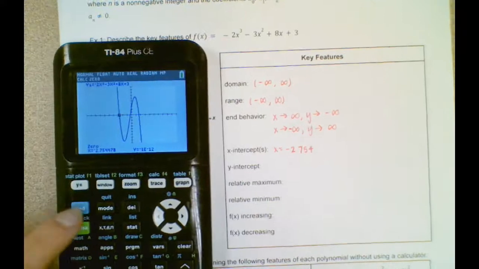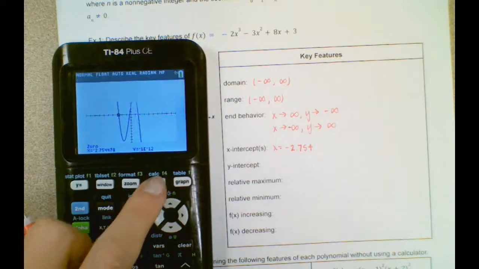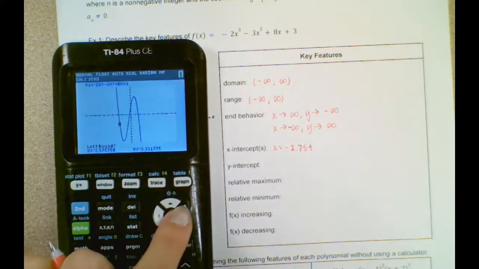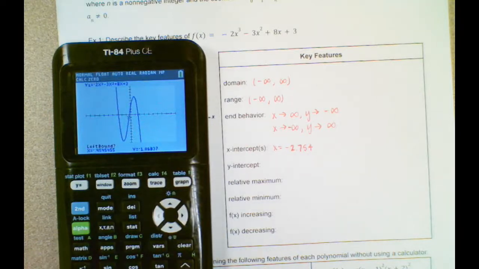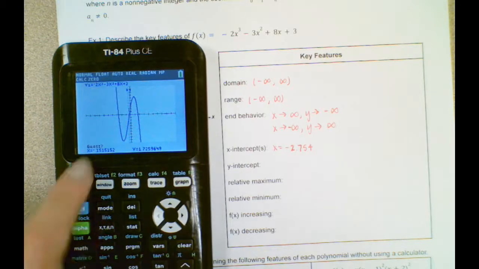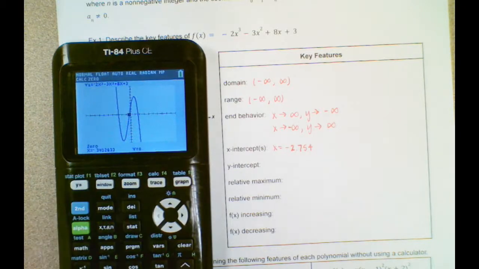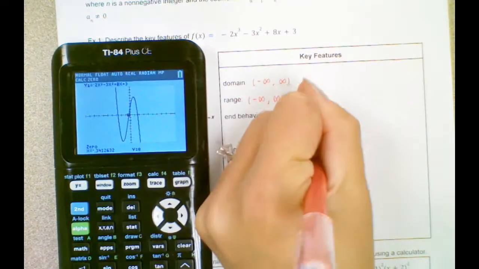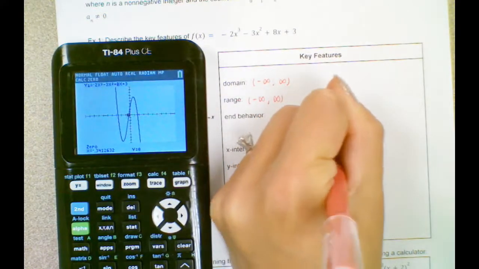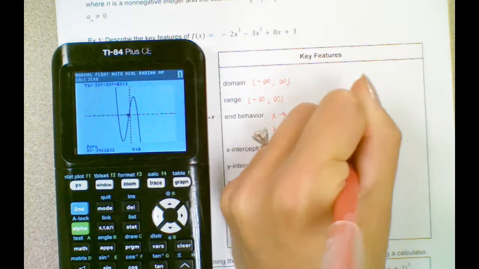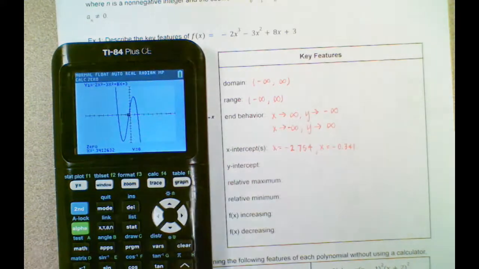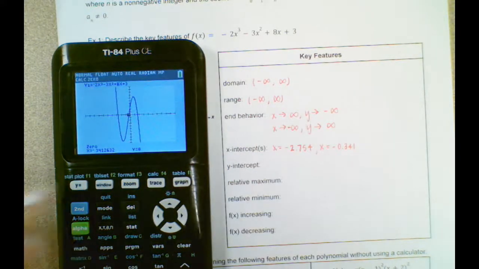All right, the next one. Second trace, zero. Here's this zero, so I'm going to go to left bound, right bound, so go to the right of it. Guess. All right, x equals negative 0.341. Okay, and we've got one more.